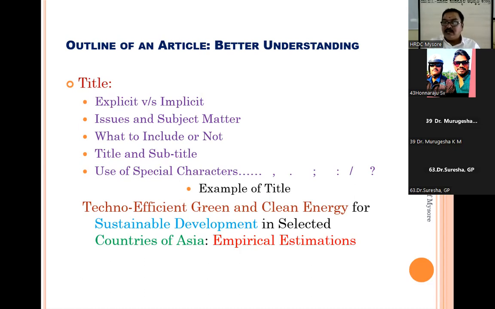What is the research paper doing? It is trying to estimate. So just by reading the title, you can understand what the contents are, what the issues are, what the methodology is, what the scope is, and everything. You can understand just by reading the title itself.